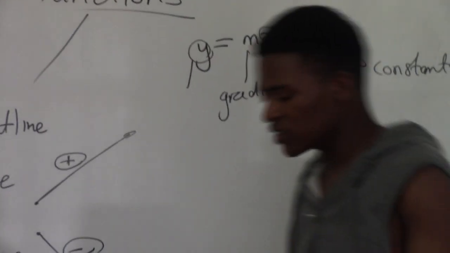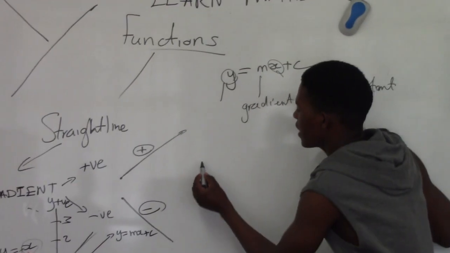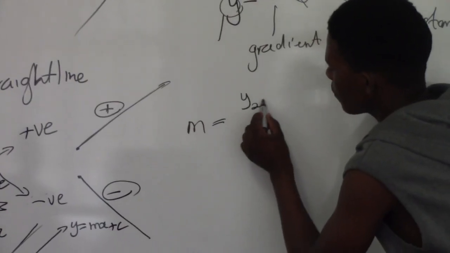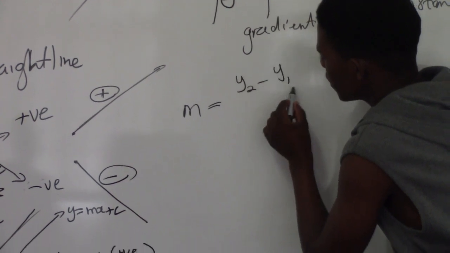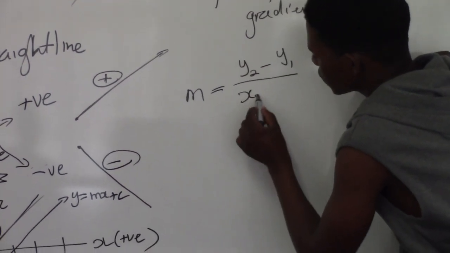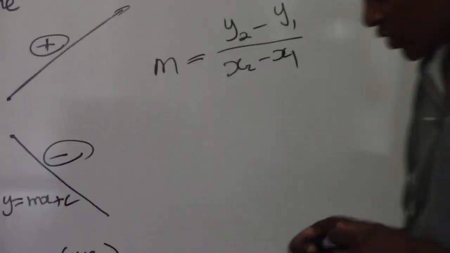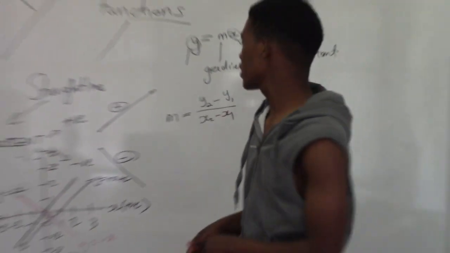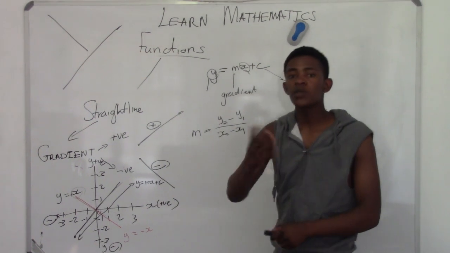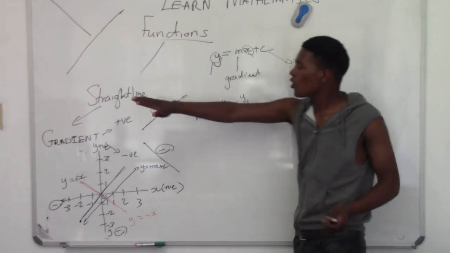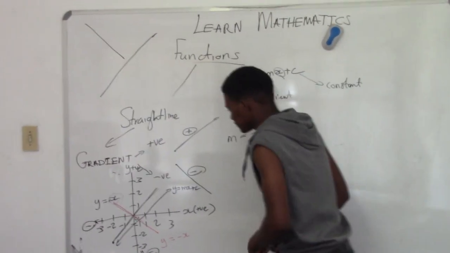You can also find your gradient by saying m is equals to y2 minus y1 over x2 minus x1. We'll use this equation when I'm doing problem solving. Today I'm just going to give you the basics of a straight line.